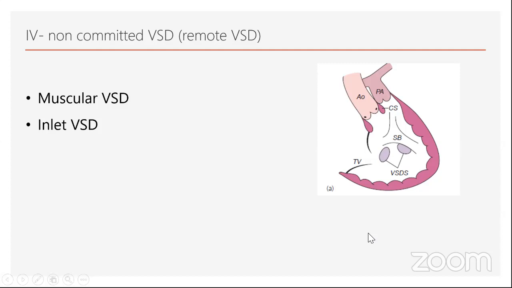Thank you, Amira. This has been very comprehensive. So, talking about remote VSD, again, this is very relative. People tend to try to baffle any VSD to the nearest great vessel so that we eventually achieve two ventricle repair.